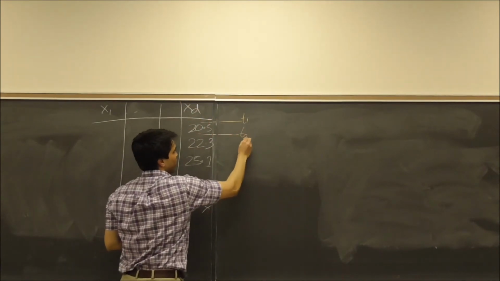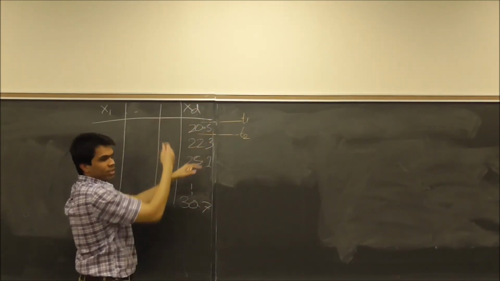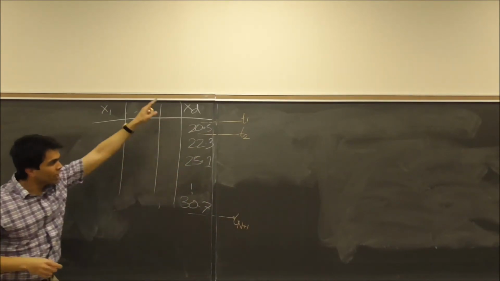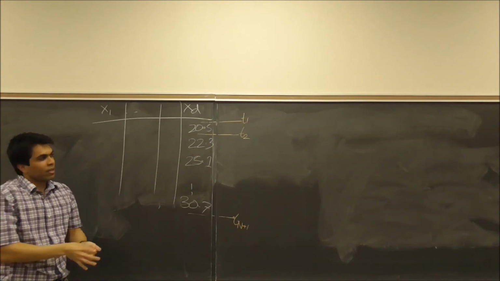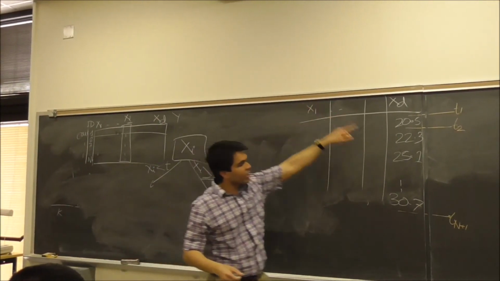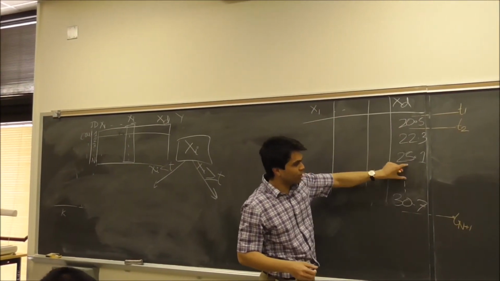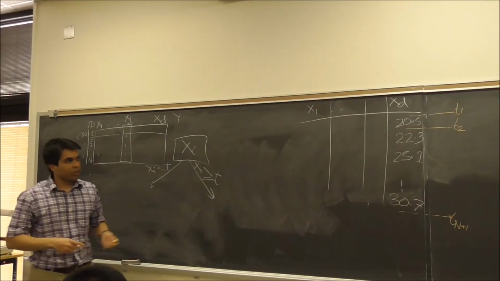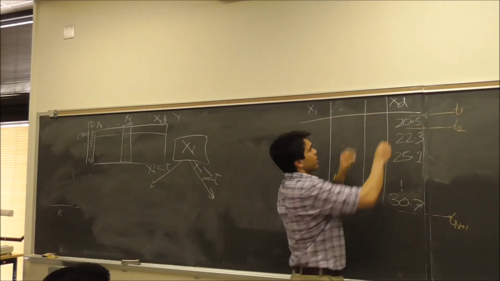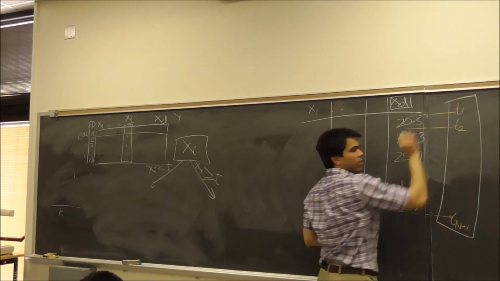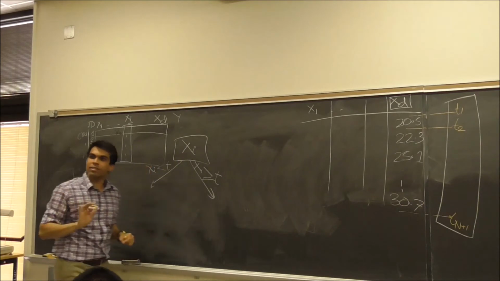There's one threshold here, T2, everything greater than T2, less than T2, and so on, till T(n+1). There are only n plus 1 possible thresholds that can split your data one way or another. So even though this is a continuous variable, I just need to check the intervals between these quantities. Does that make sense? This is a way of converting the continuous variable into a set of discrete thresholds that I need to check against.